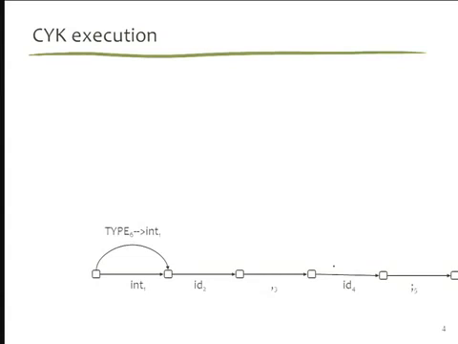This production here has only one right-hand side. It's the int. We'll place this edge here and say, oh, what do we know? This part of the input from here to here can be derived from this non-terminal. How do we know? Well, we have found an int, and int is on the right-hand side of that. So this entire thing from here to here is derivable from this non-terminal.